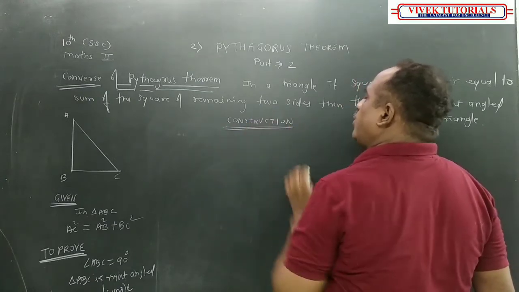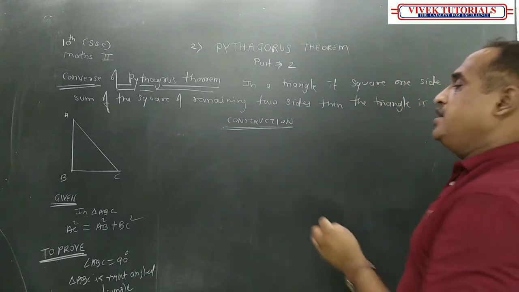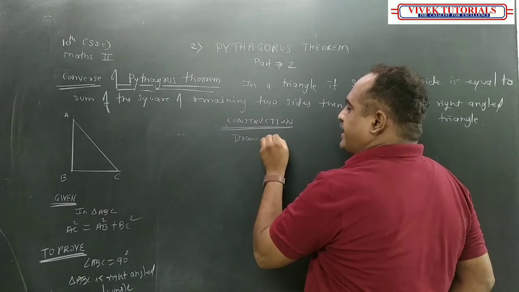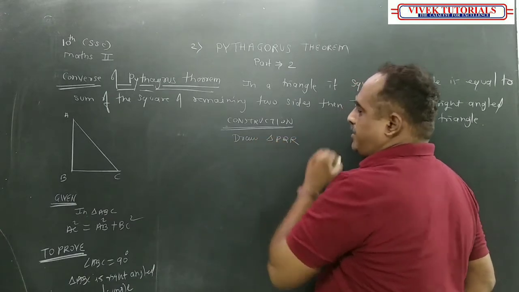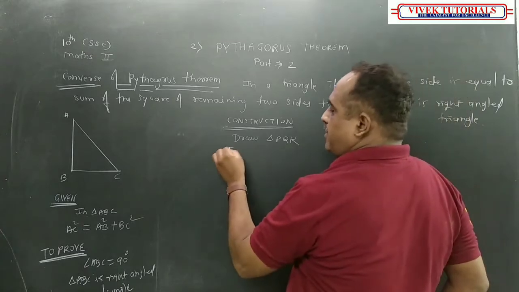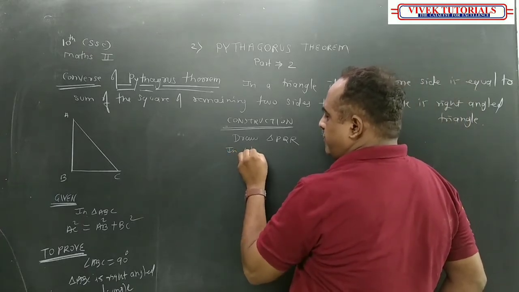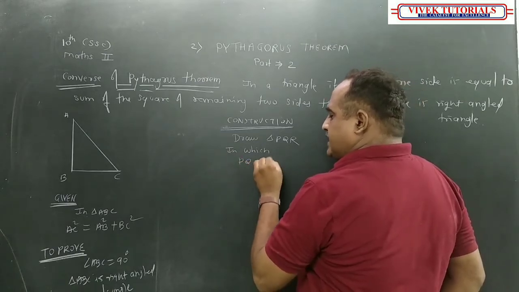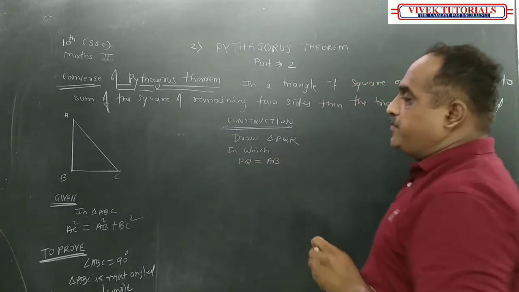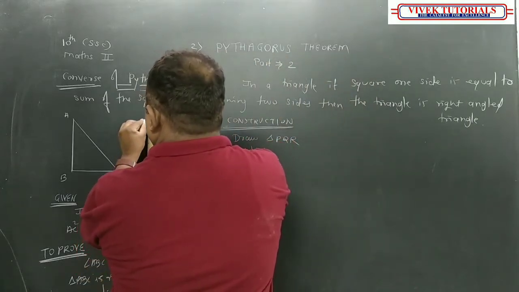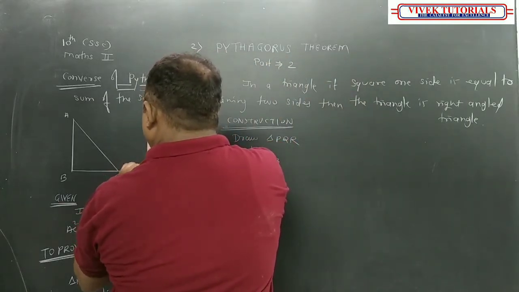Draw triangle PQR in which PQ is equal to AB. Means जितना AB है उतना ही मैं PQ ड्रॉ करूंगा.